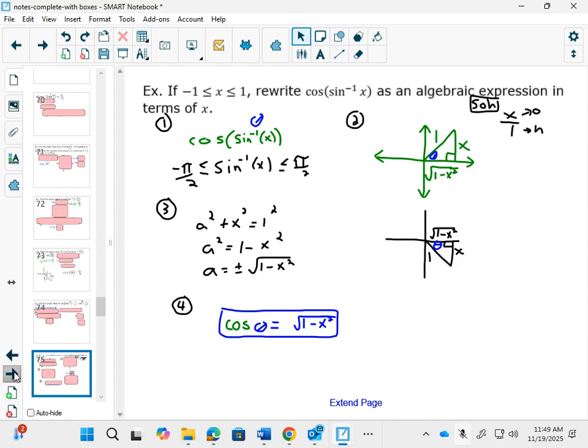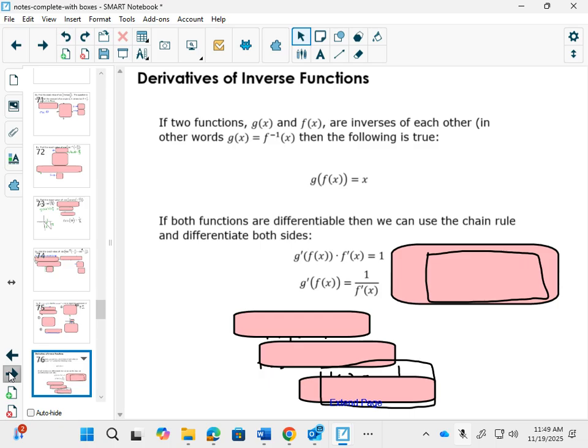Okay. The next part is a little bit of review of what we did yesterday. A little review of inverses before we get to the inverses of the trig using our restricted domain and the stuff that we've been developing. If two functions, g of x and f of x, are inverses, remember the following: g of f of x is equal to x and also f of g of x would be equal to x.